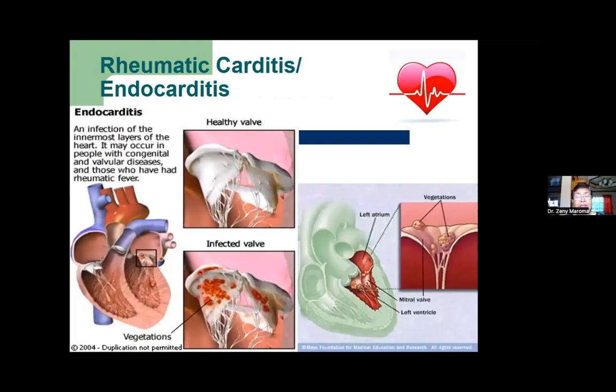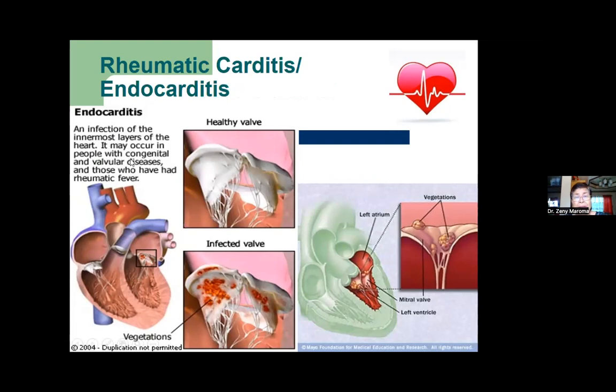Okay? Ano yung mga vegetations na yan? Okay? So, vegetations, ito yung ating mga normal valves, okay? Ito yung healthy valve. So the healthy valve is able to open completely and close adequately. Okay? So an infection of the innermost layer of the heart, no, that is endocarditis.